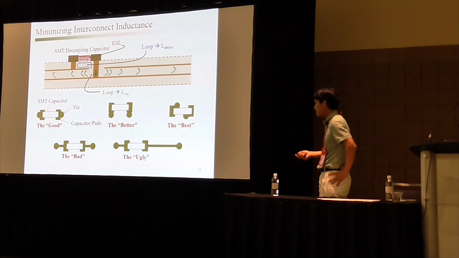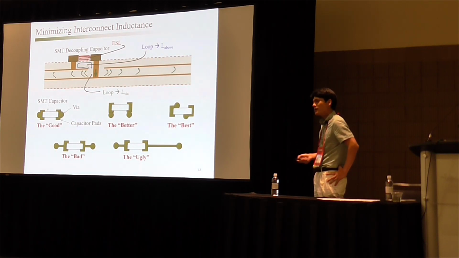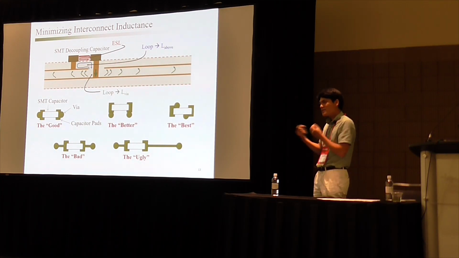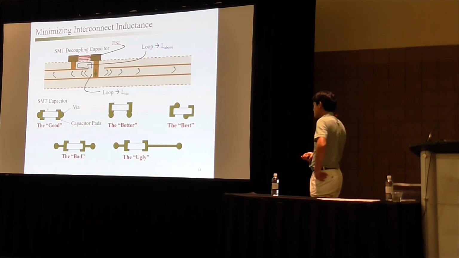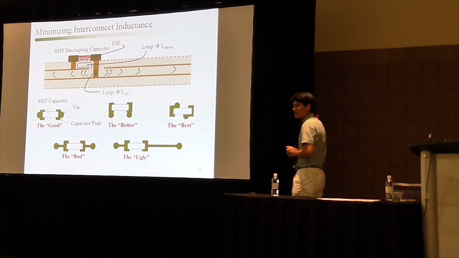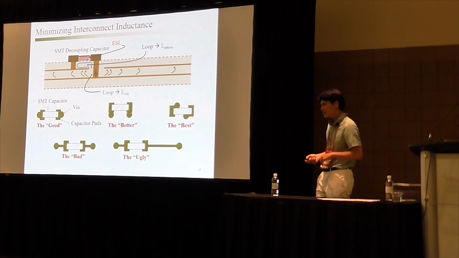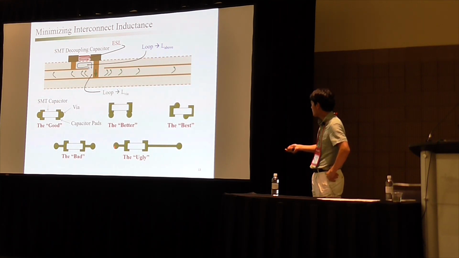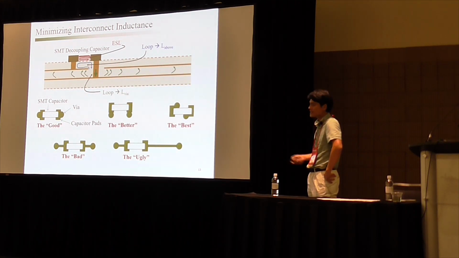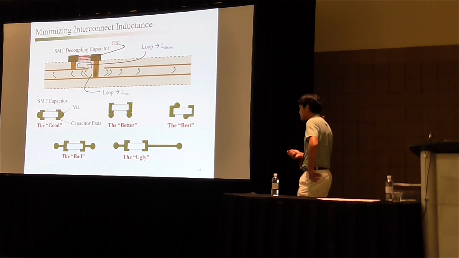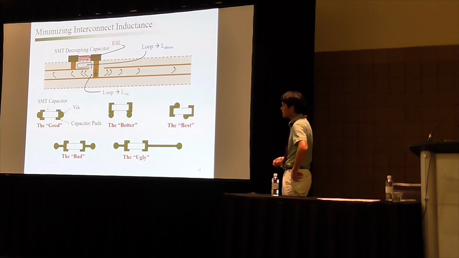Along the same line, this design is bad because the via is far away, which will increase the L above. And of course, this design is ugly because of the long trace and the vias being far away, this L above will be huge. It could be even greater than the ESL. So this pad design is pretty important for these decoupling capacitors.